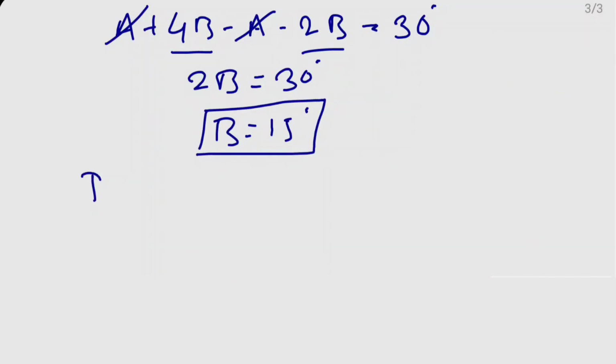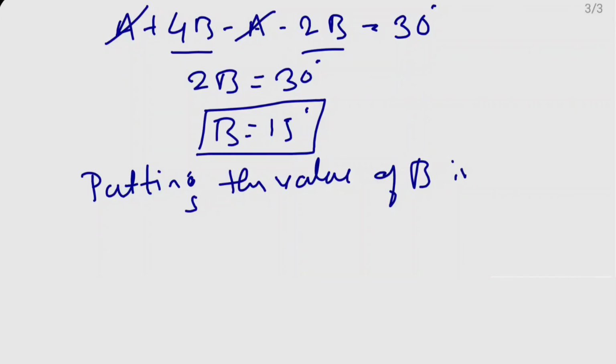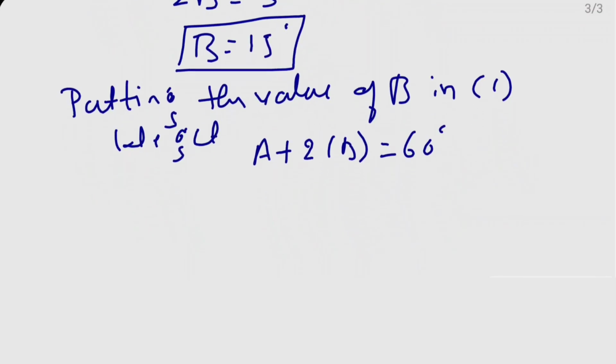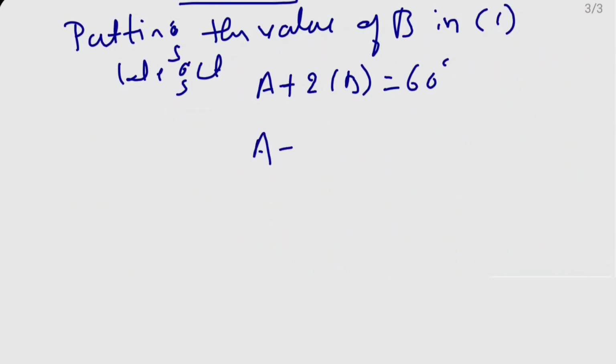And here putting the value of B in equation 1, we get, so what is our equation 1? A plus 2B is equal to 60, and here A plus 2 into 15, B value is 15, this equals 60.